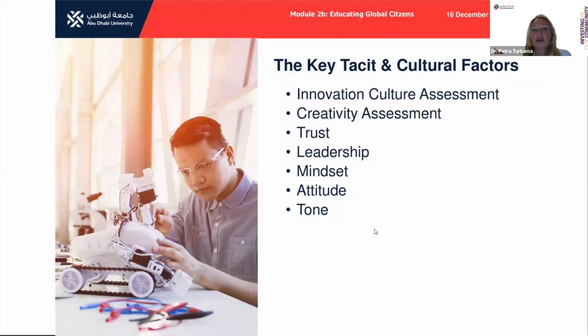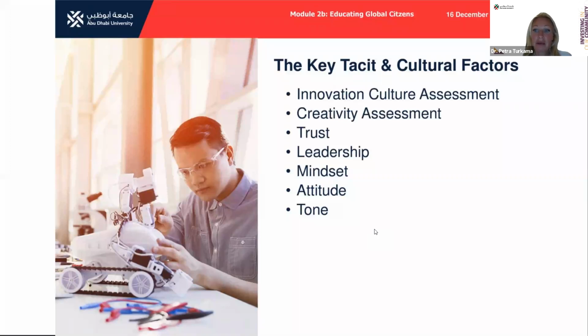But yeah, let's look a little bit at these key tacit and cultural factors that we need to have. We mentioned that it is all about culture, but how do we make sure that we have the type of culture that we need? There are a couple of keywords that I think you're already aware of, like leadership. Leadership is really setting the example.